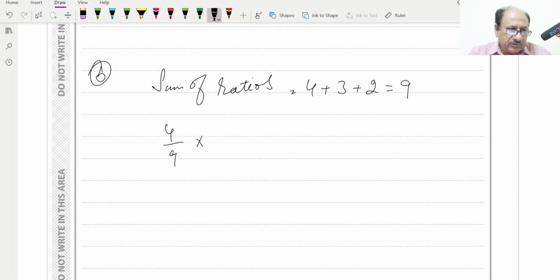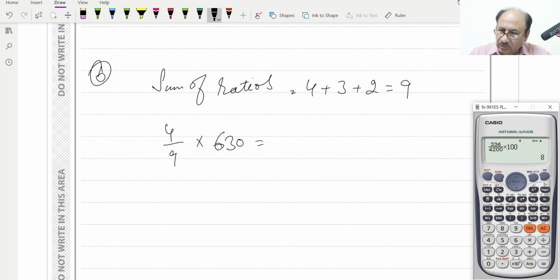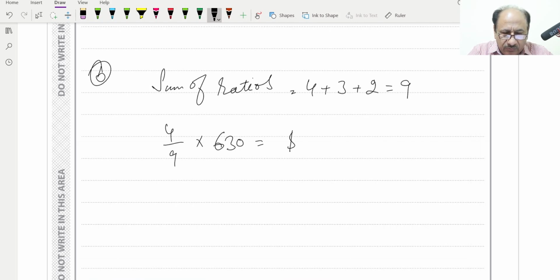The amount spent on travel is 630. So 4 divided by 9 multiplied by 630 is equal to 280 dollars. So $280 will be our answer.